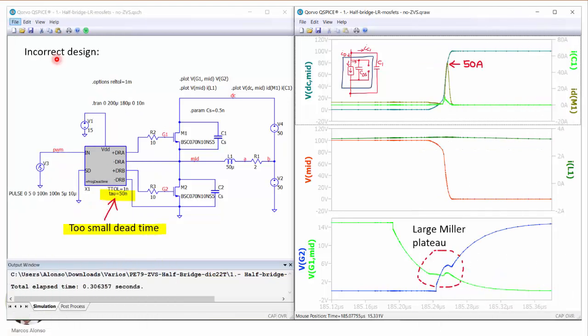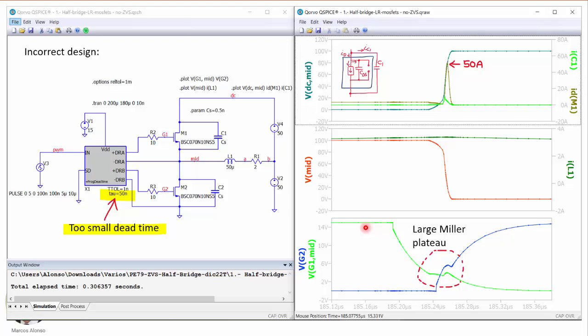Let's see now what happens with an incorrect design for which we have selected a too small dead time. For example, here this parameter tau, the time constant of this integrated circuit, is 50 nanoseconds, so the dead time is very small.